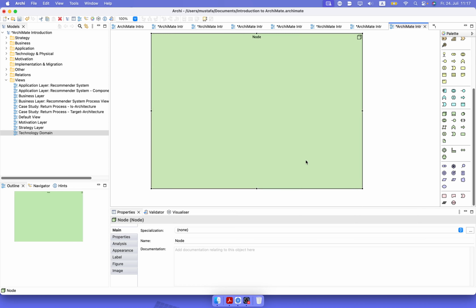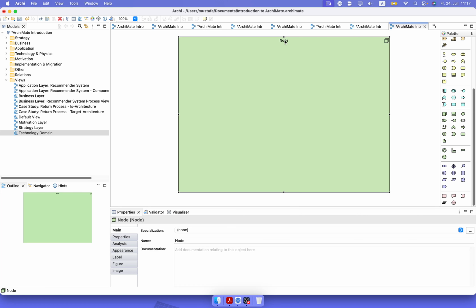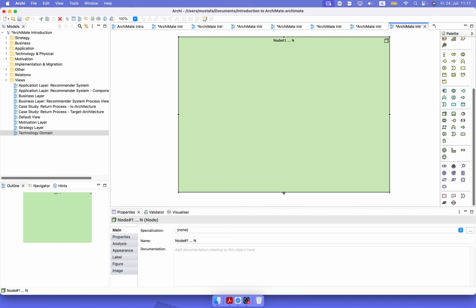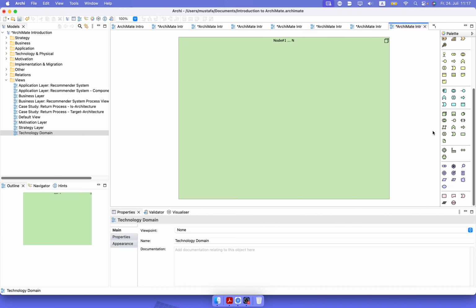Since they are all to be modeled in the same way, I will write down here node 1 to n. So this applies to all from 1 to n. You can also choose to have the cardinality modeled with an extra node connected to it behind the load balancer or the firewall.